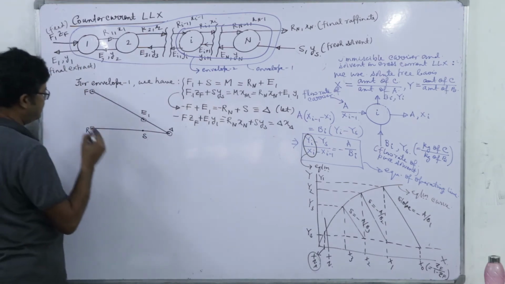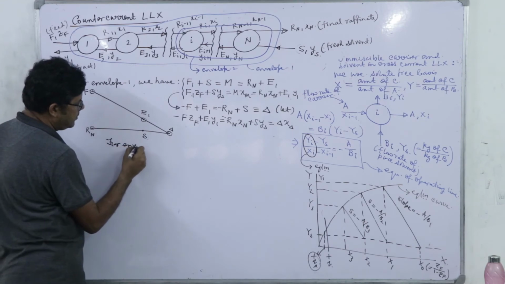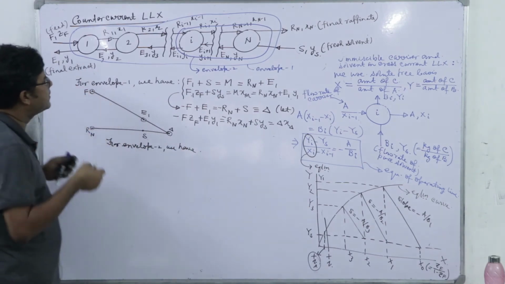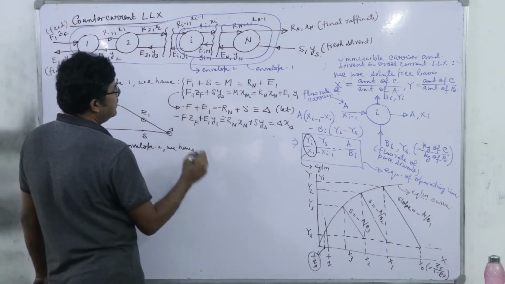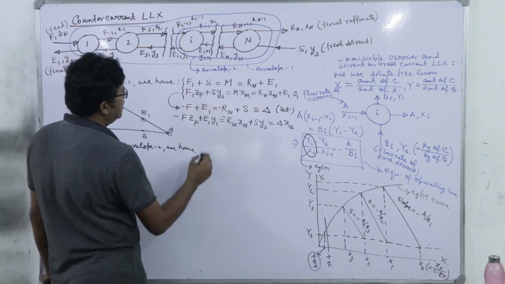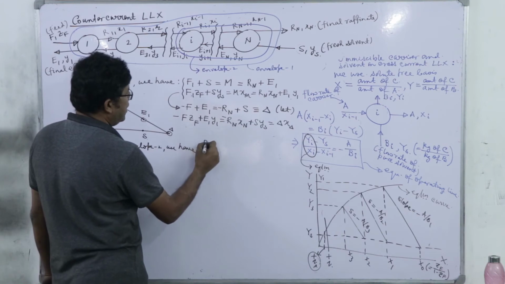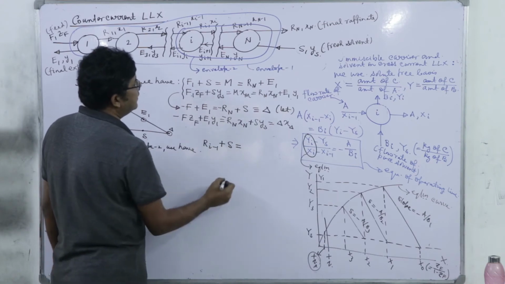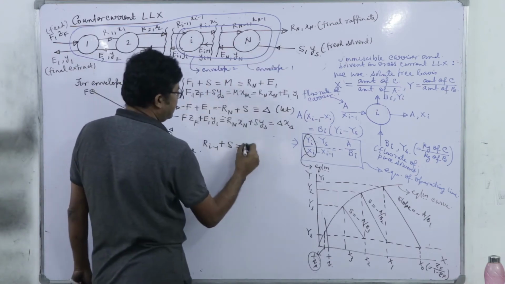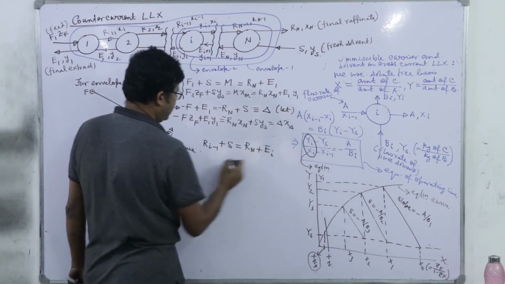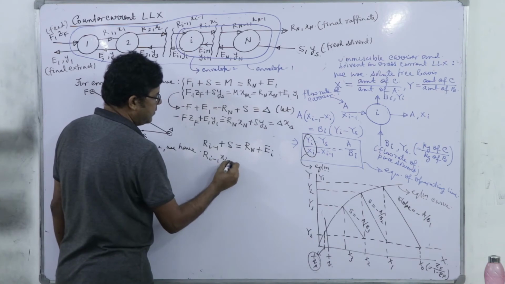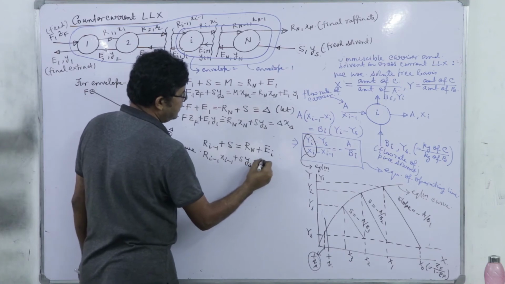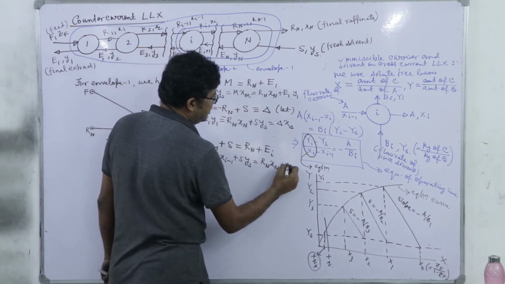So, for envelope 2, we have this, you see, Ri minus 1 plus S is equal to Rn plus Ei, and Ri minus 1 Xi minus 1 plus S into Ys is equal to Rn into Xn plus Ei into Yi.